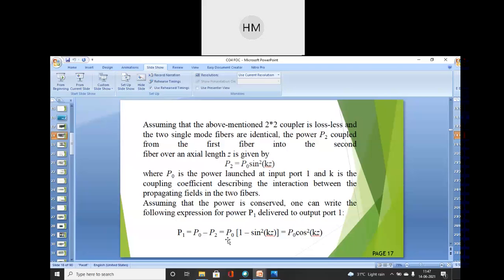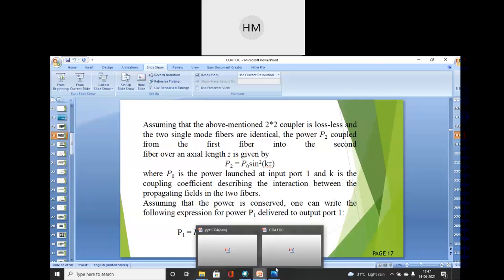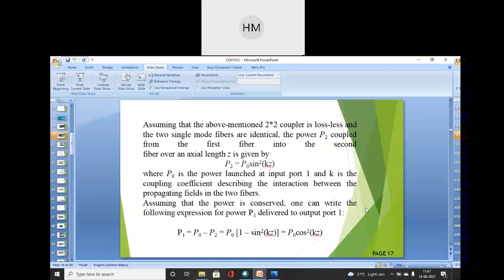I have taken P0 common and I got the P1 power as this. Should I continue? Any doubts, students? We are writing these equations.